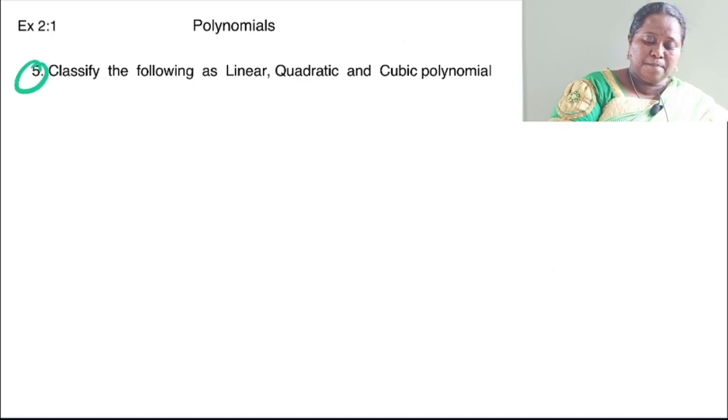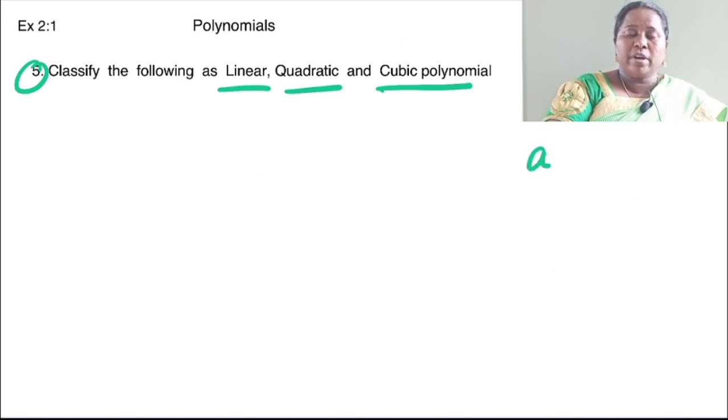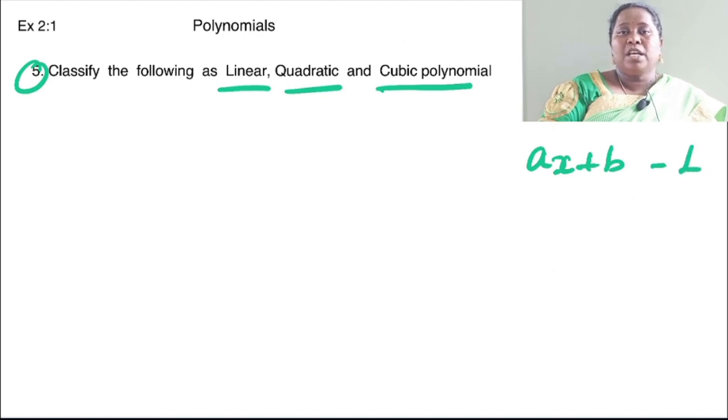See the fifth question. We have to check whether it is linear, quadratic or cubic. What is a linear equation?